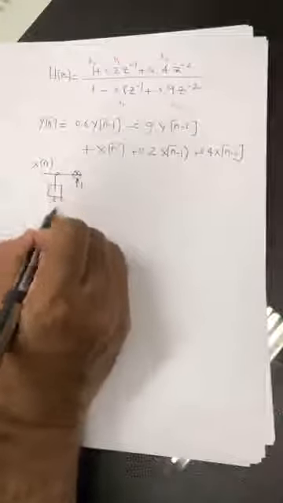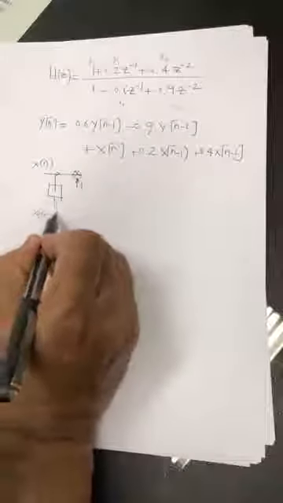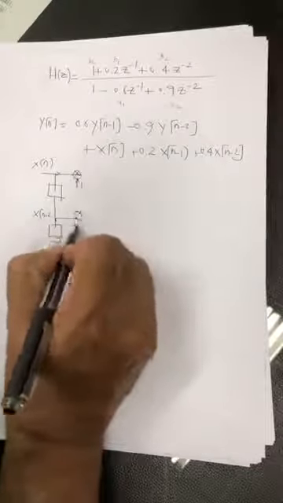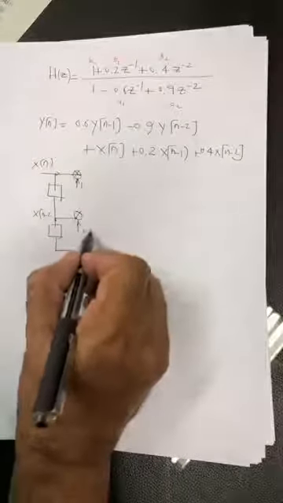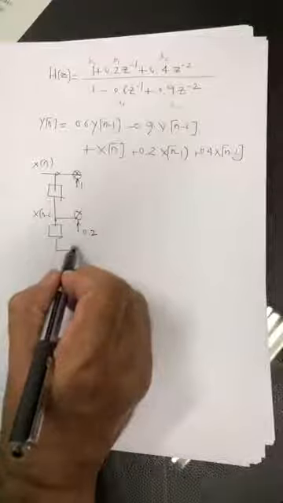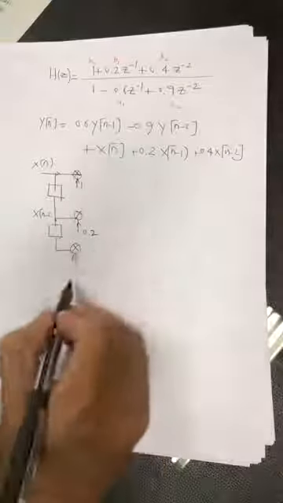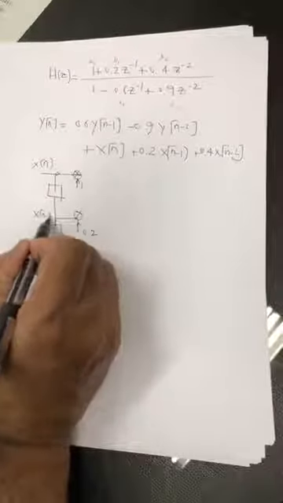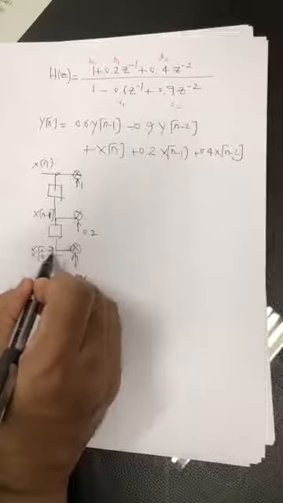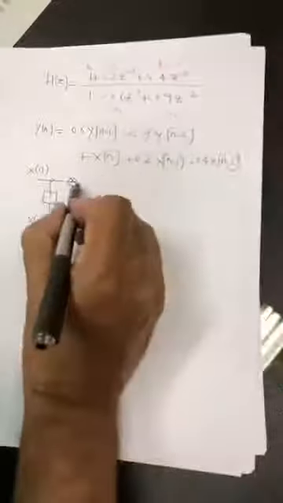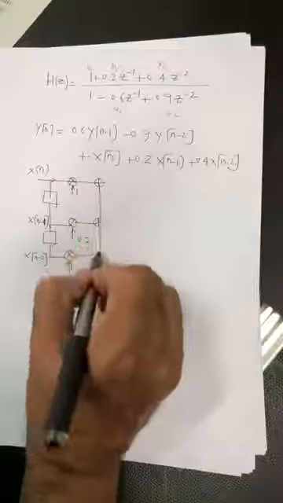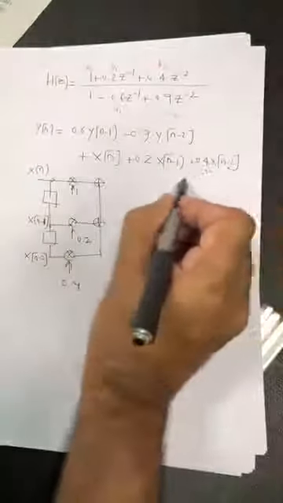I put a register, here I get x of n minus 1. So I put another register, here I get x of n minus 2. I multiply by 0.2, I multiply by 0.4, and you also label it. Okay, and then I need to add these.